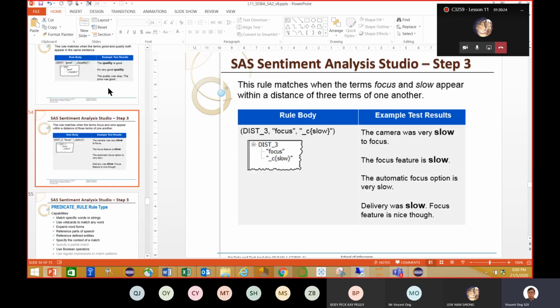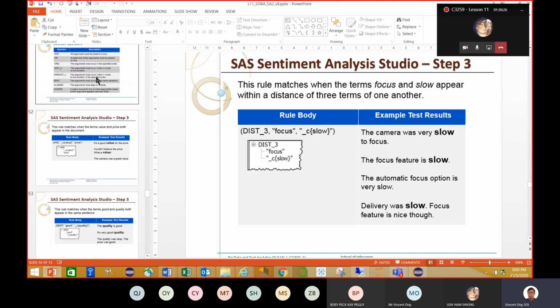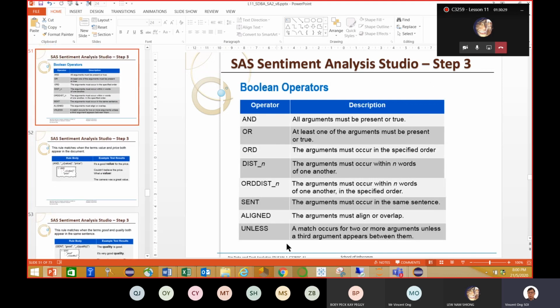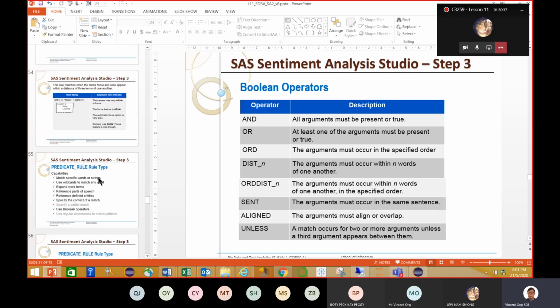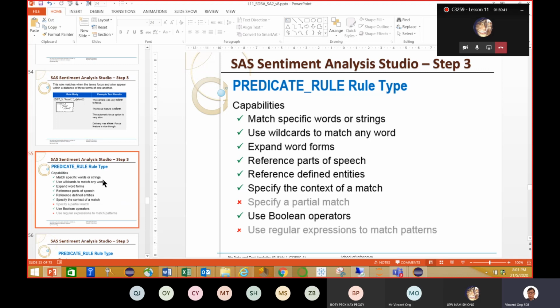But my point is that we don't really need to use all of them. Normally the common ones that we use are AND, distance and sentence, because some of them are very tight. Boolean is to help us have more options and more conditions.